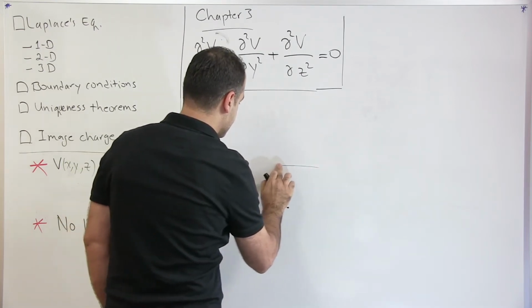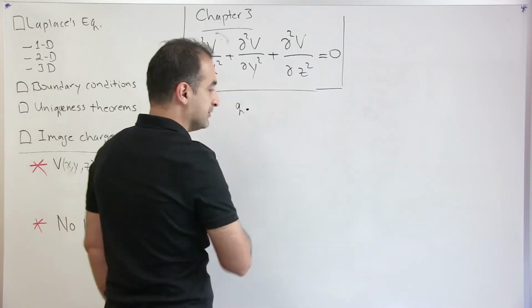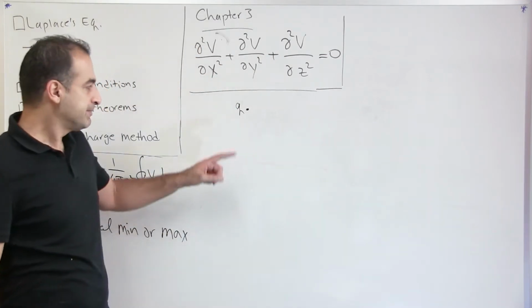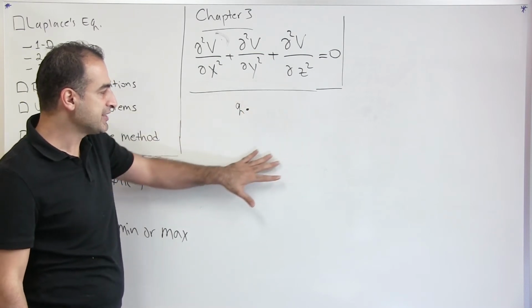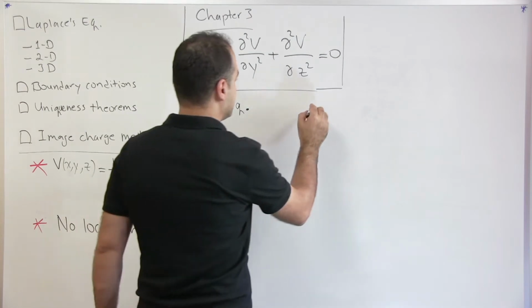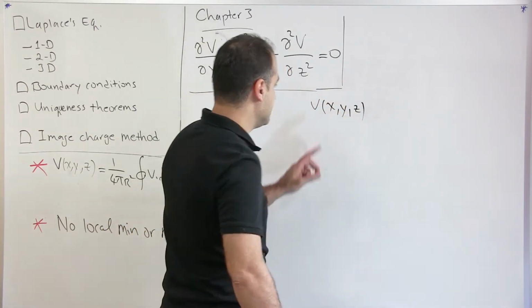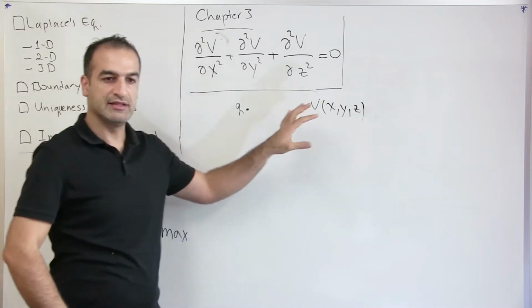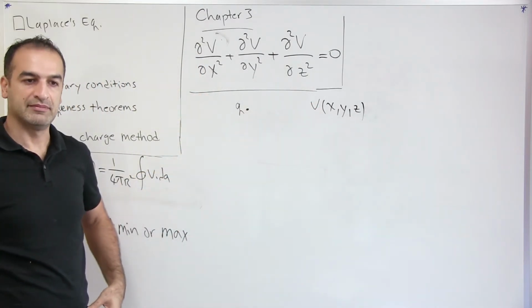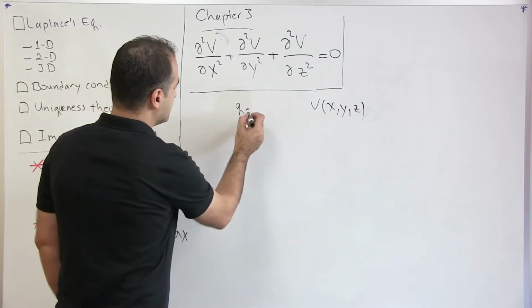Imagine we have a point charge Q. This point charge creates a potential in the space, and I'm going to call that V(x, y, z). V is a potential, and x, y, z are three-dimensional parameters in Cartesian coordinates. So what I want to show is this.